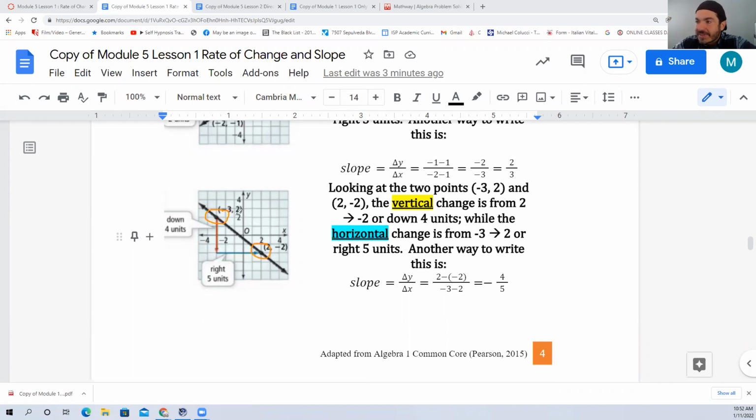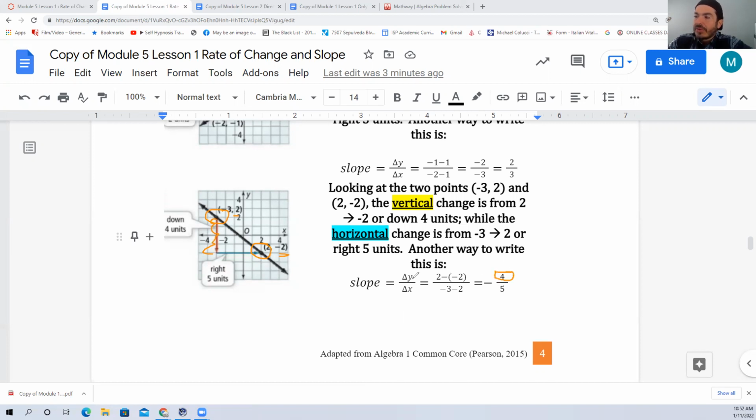So if I'm going to look at the second number, because that's my y number, that's my vertical number, my up and down, how do I have to get from 2 to -2? I'm going to go down 4. 1, 2, 3, 4. Because it's down 4, it's essentially a negative number, depending on how I want to do that math. But here's my 4.